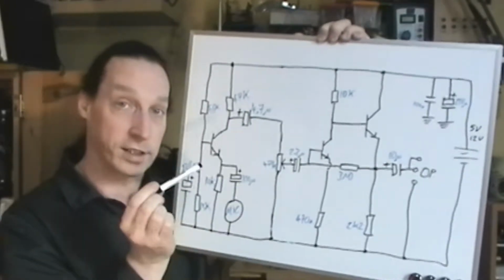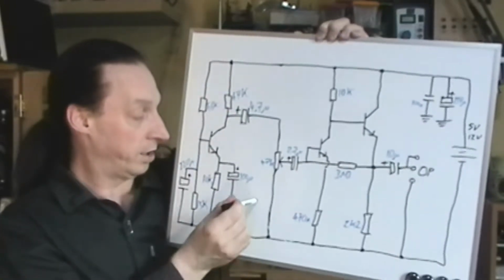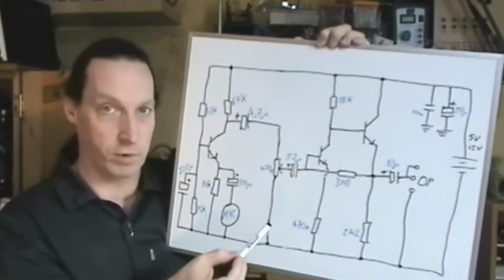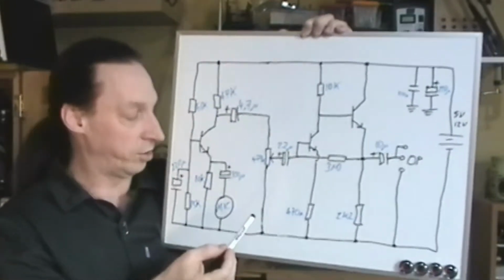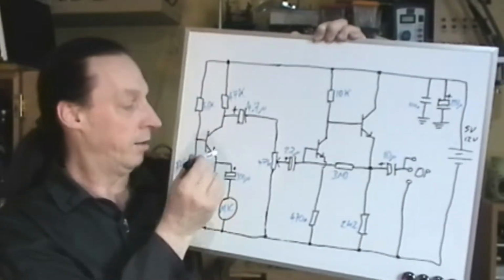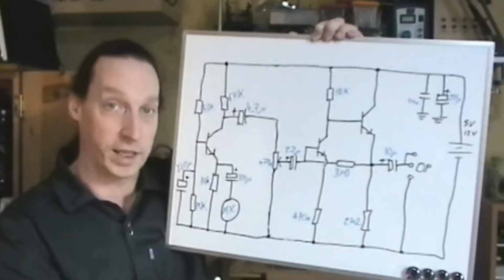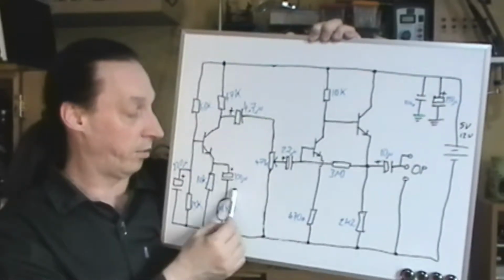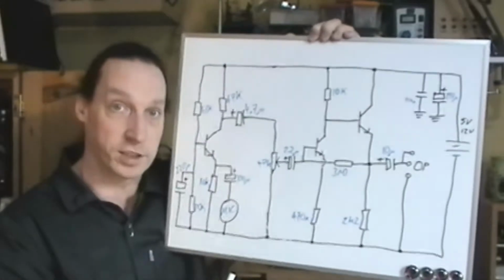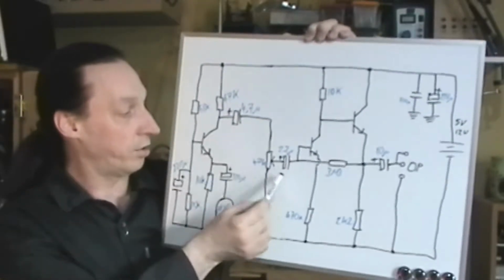The only difference is that the input is on the emitter. I've seen this circuit before. I've never really used it, but I do know you can have your input on the emitter rather than on the base, and that's what we've got here. Microphone, capacitor on the emitter, base is biased, signal comes in and goes through to here.